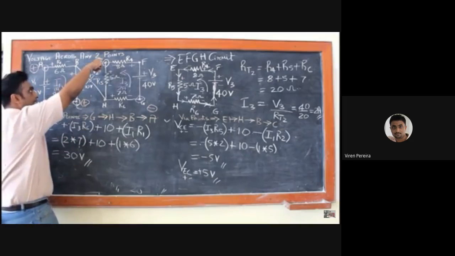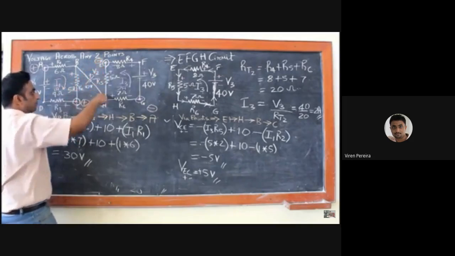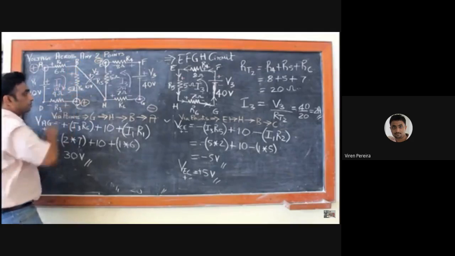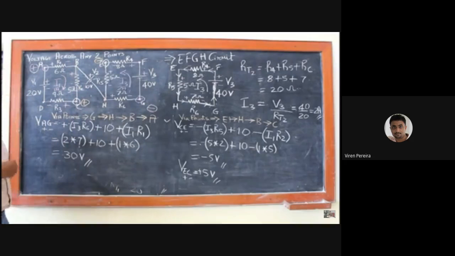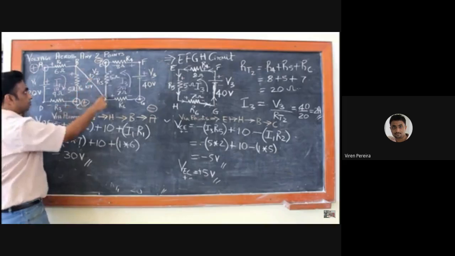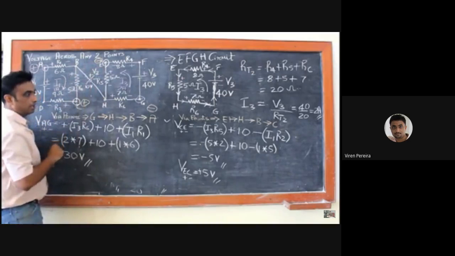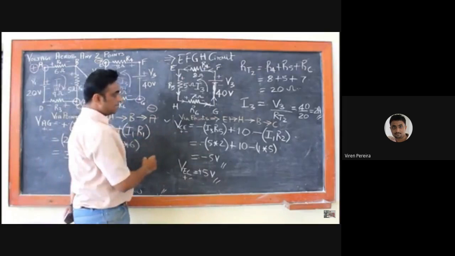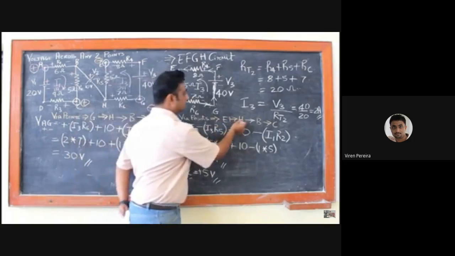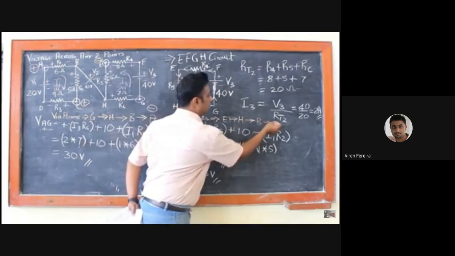I started from the negative and going across E to H, H to B, B to C. However, the alternate method can also be done. The alternate method states that you can even start from positive and go to the negative terminal. As you see here, BC is across points E to H, H to B, and B to C.